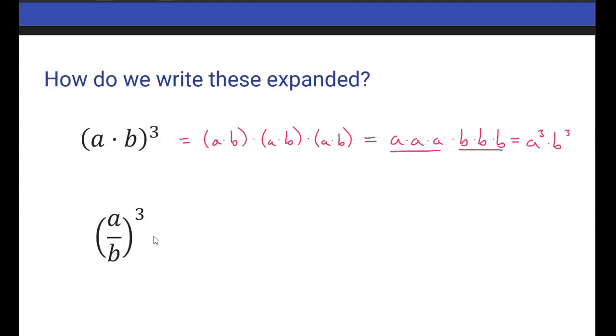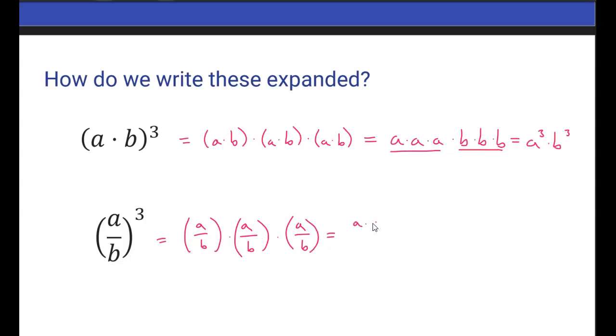Let's see if we can do the same thing with division. We're going to expand this out the same way, so this is going to be a over b times a over b times a over b. Right, we just multiplied that same thing 3 times. Well, when we're multiplying fractions, we multiply across the numerator and across the denominator.